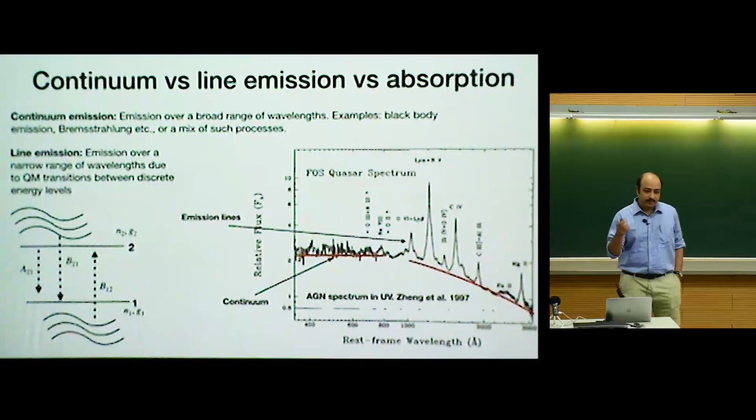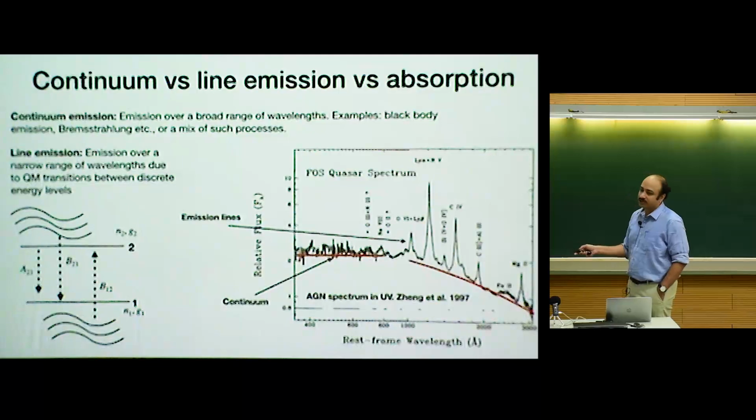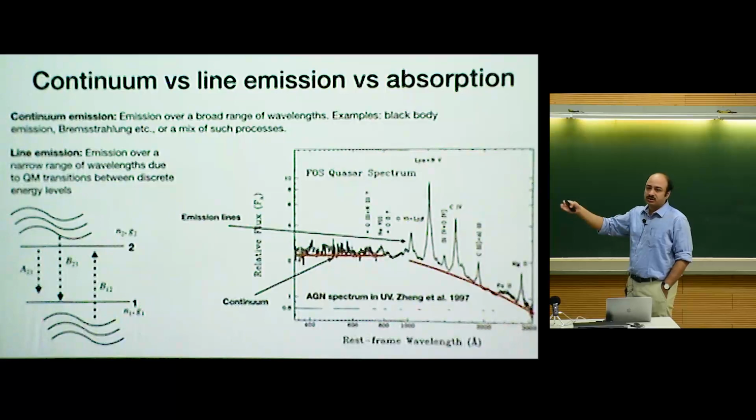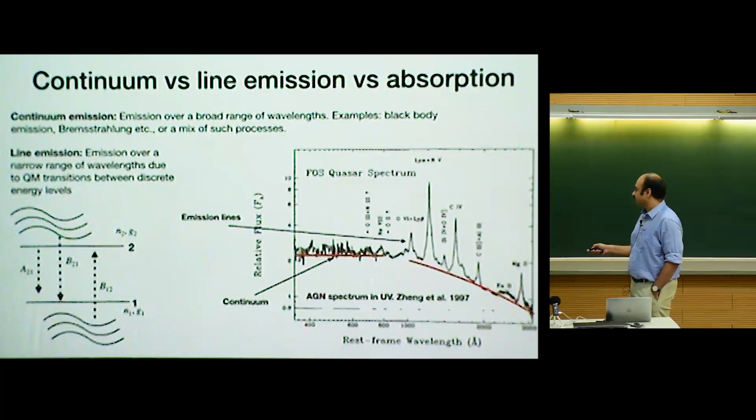Emission always takes place due to atomic transitions, that is true. But if the atomic transitions are due to different processes that are emanating radiation over a broad range of frequencies, what you get is a continuum emission. So emission distributed over different frequencies, like this.